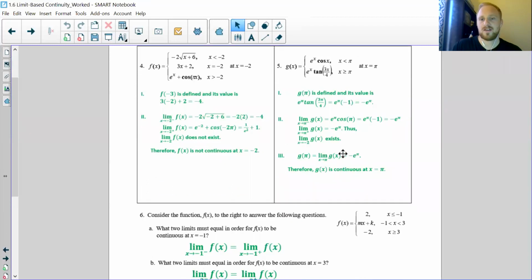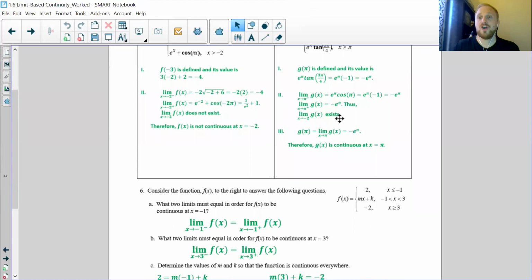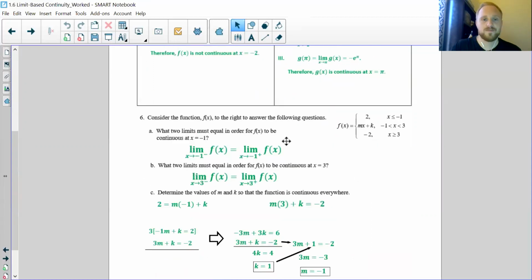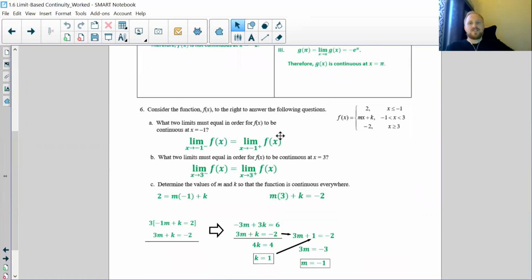So the limit does exist. Thus, since g of pi is equal to the limit as x approaches pi of g of x, then we say that g of x is continuous at x equaling pi.